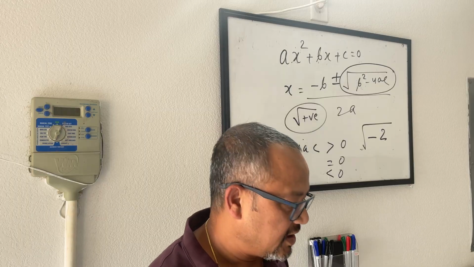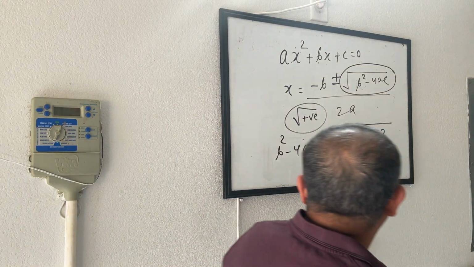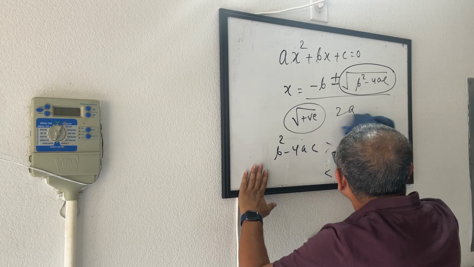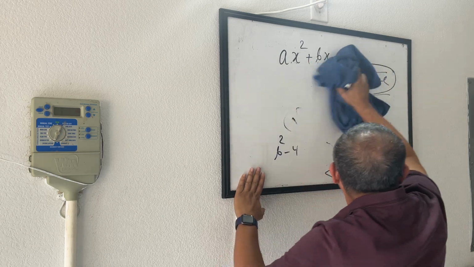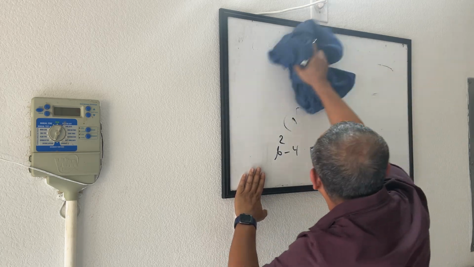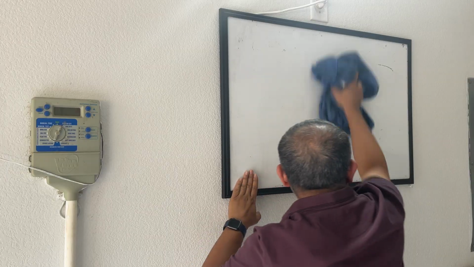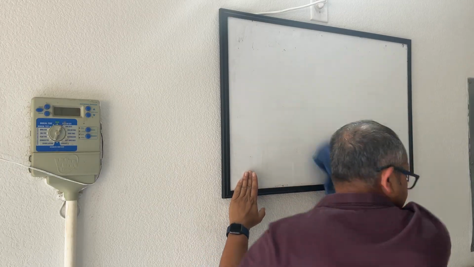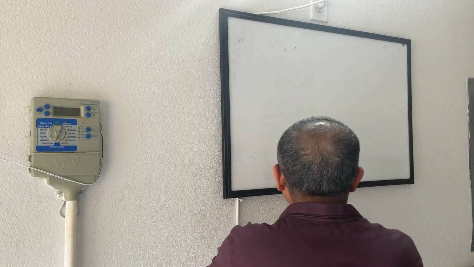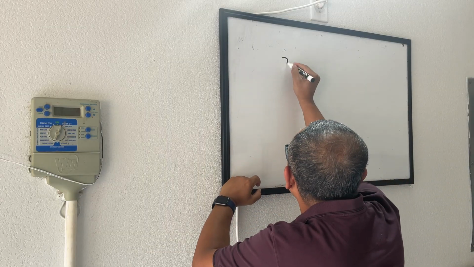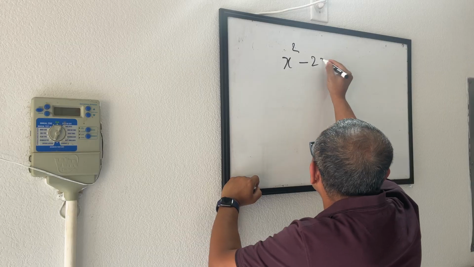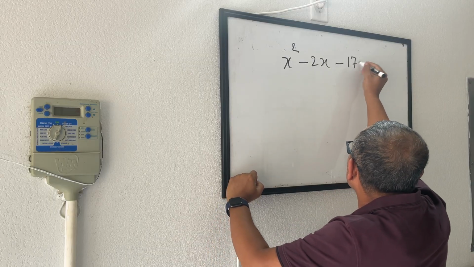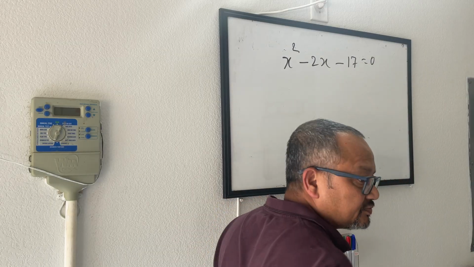Understood. Okay. So now let's look at the significance of this while solving a few quadratic equations. I would want you guys to quickly solve this in 2 minutes. I have an equation: x squared minus 2x minus 17 equals 0.